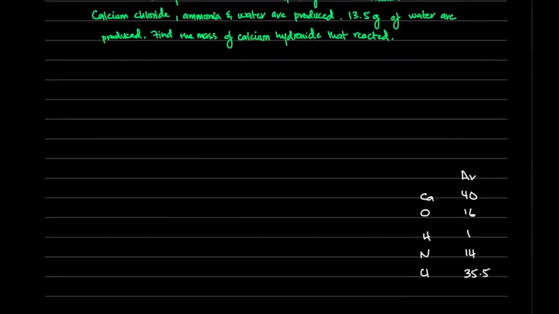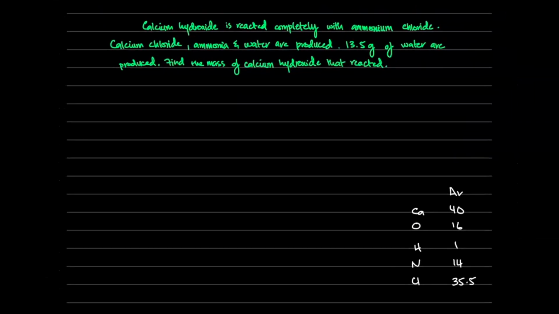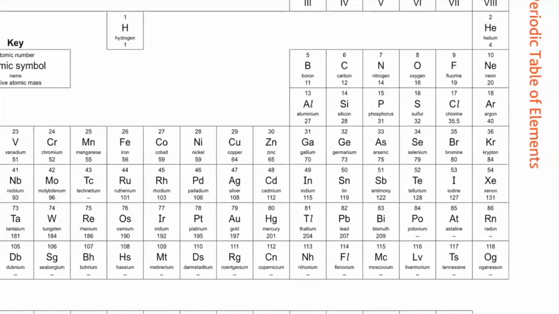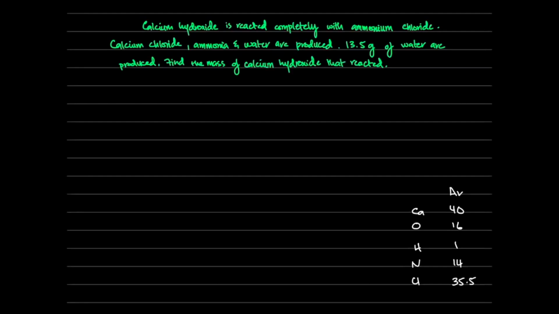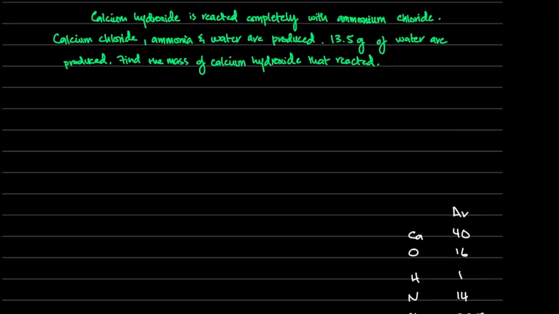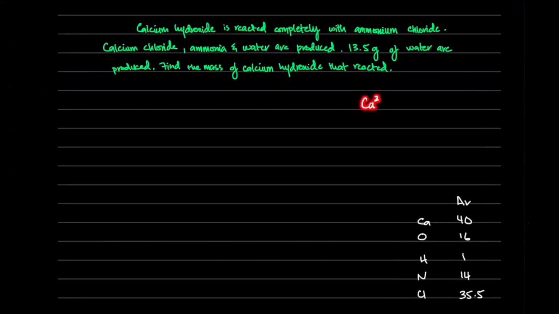All right. So first we need to write down the equation. They're saying calcium hydroxide is reacted with ammonium chloride. Now, calcium is in group 2, right? So what's the charge on the ion? Anyone want to tell me? Calcium would be 2 plus, and hydroxide is 1 minus.